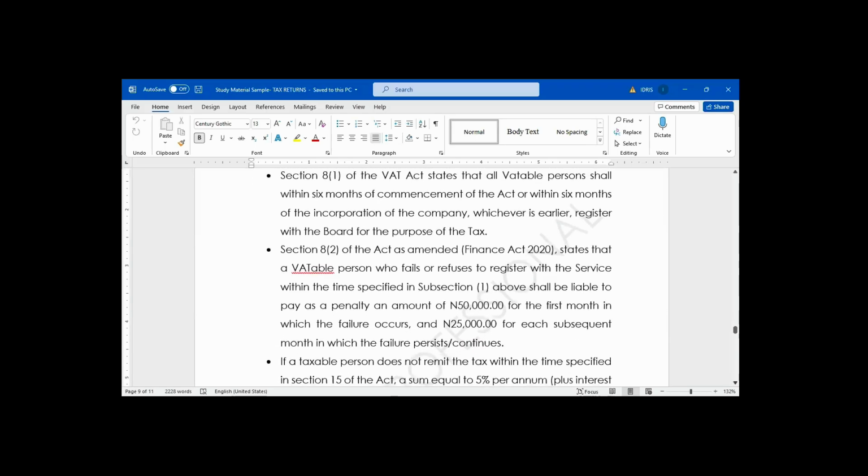Failure to file VAT return will attract penalties of 50,000 in the first month and 25,000 for each subsequent month in which the failure continues.